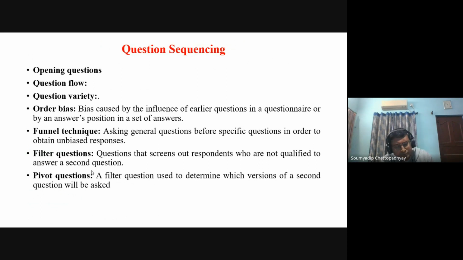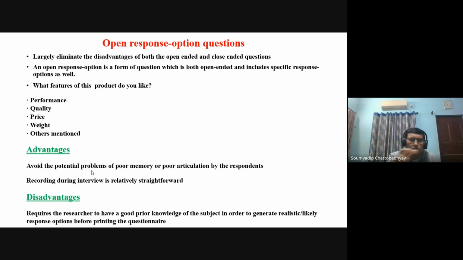Now, if I go back to this particular question, there are certain questions which are open-ended, certain questions which are close-ended, and also open response option questions. So definitely there will be situations in which, as a researcher, you need to incorporate all three forms of questions, because some forms are more appropriate for seeking particular kinds of responses.